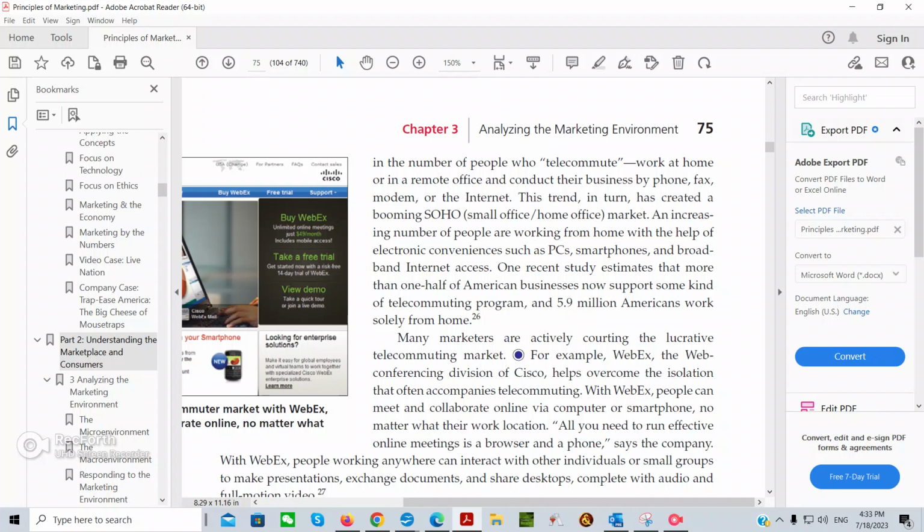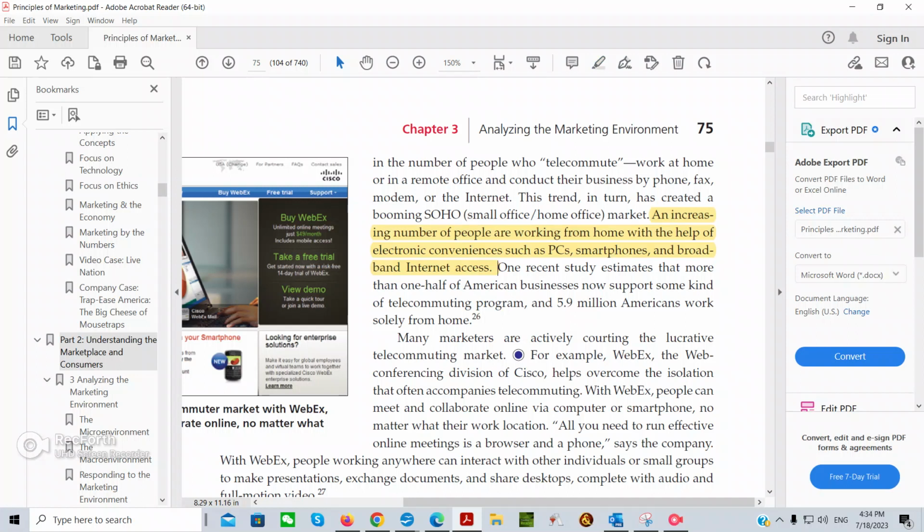This trend in turn has created what is becoming the SOHO, or small office home office, market. An increasing number of people are working from home with the help of electronic conveniences such as PCs, smartphones, and broadband internet access. This is a big consideration because it basically says this is how they're conducting business.